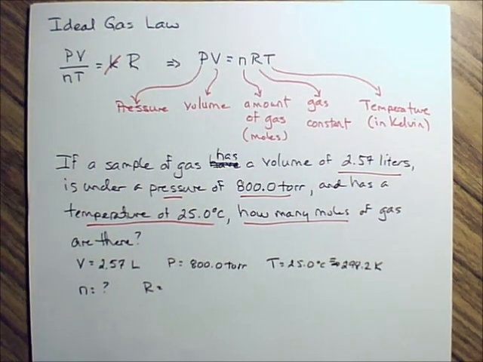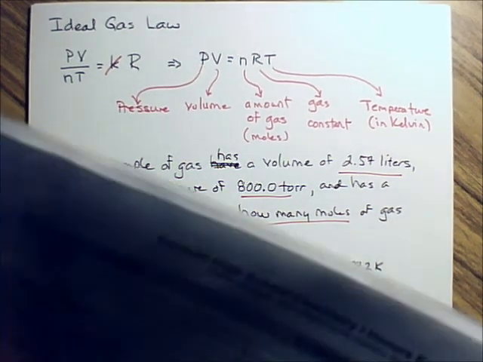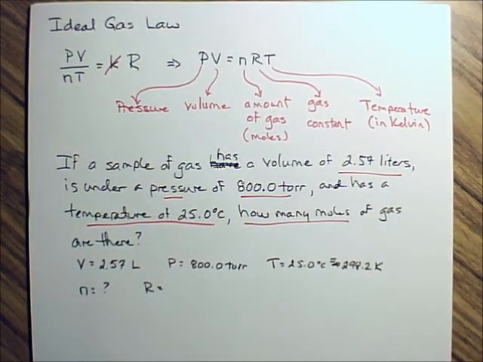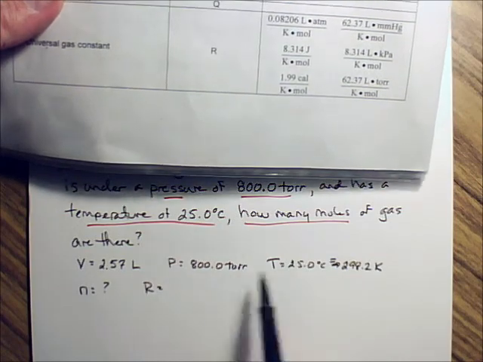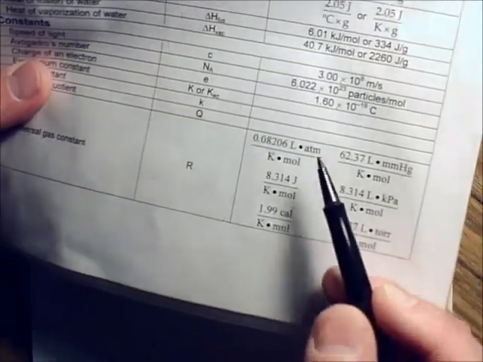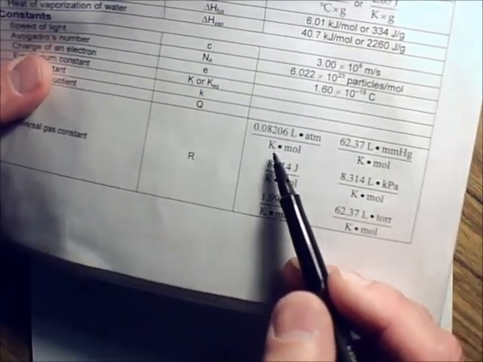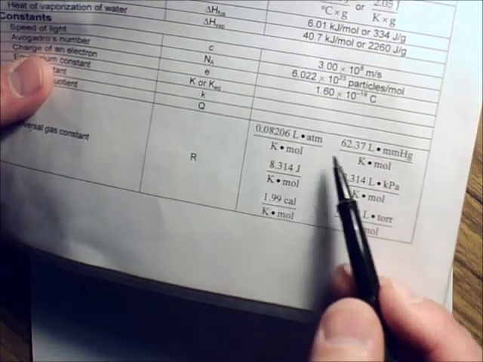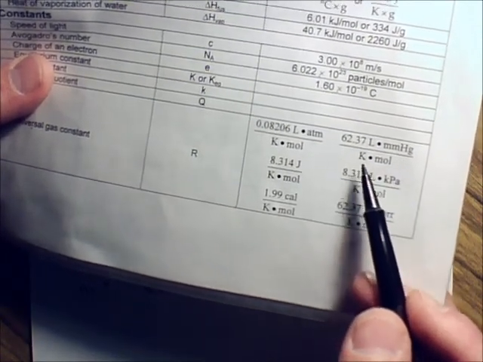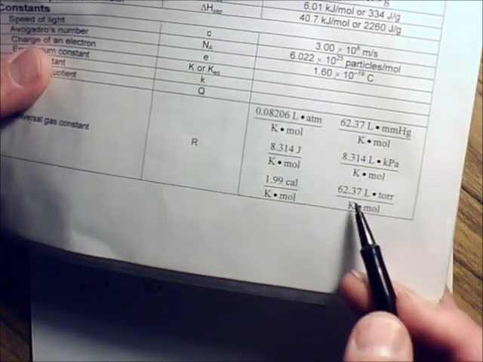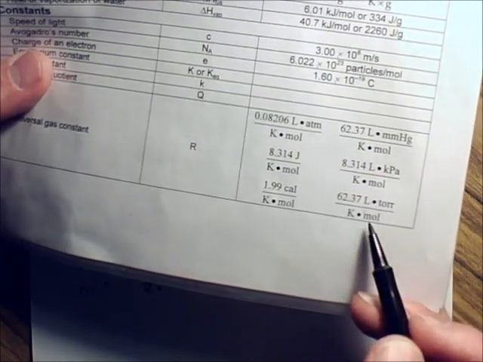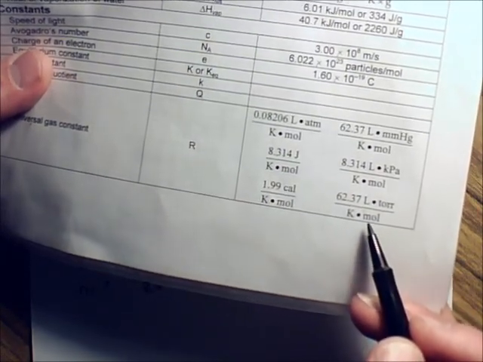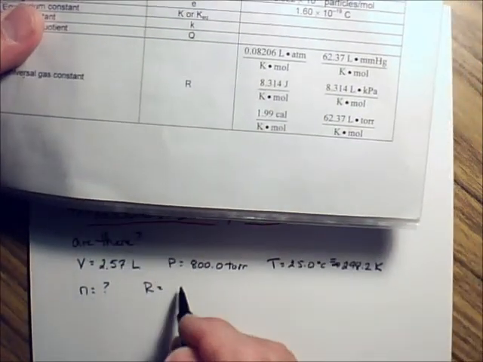All you have to do is match the units of measurement. So, we need liters, torr, Kelvin. Now that's liters, atmosphere, and Kelvin. That won't work. Liters, millimeters of mercury. No, that didn't work. Here's liters, torr, Kelvin, and moles. So that's the version of R we're going to use.